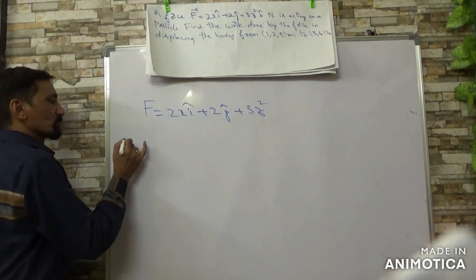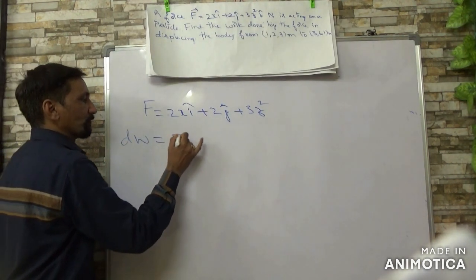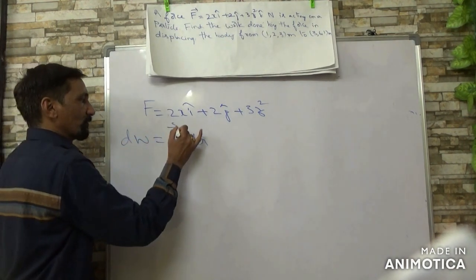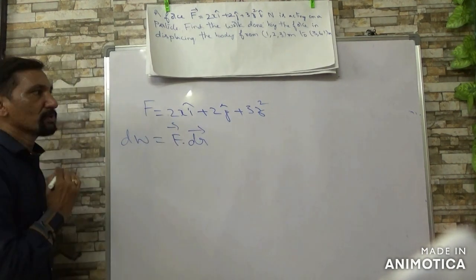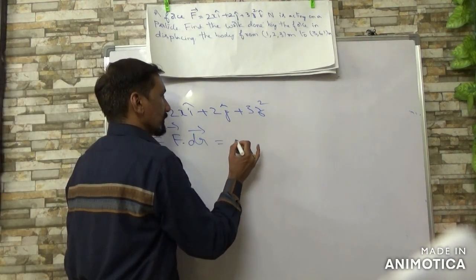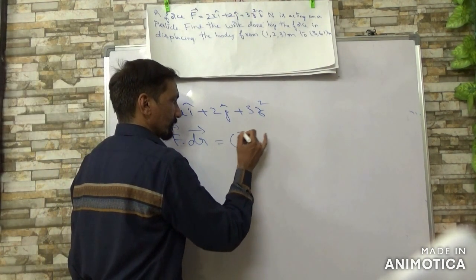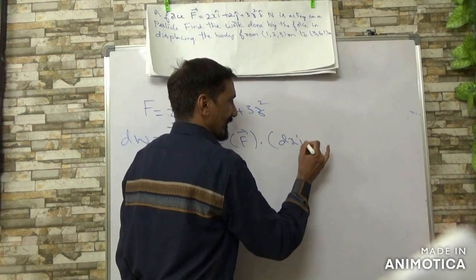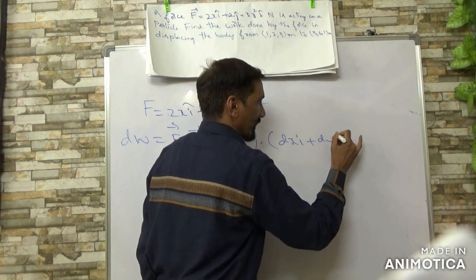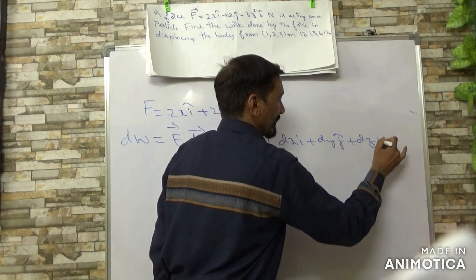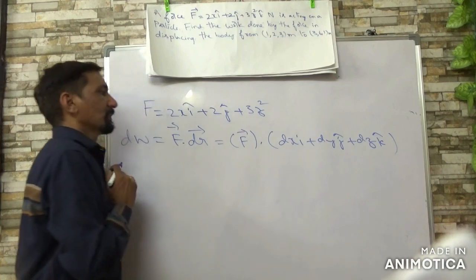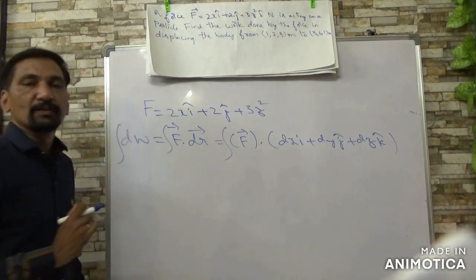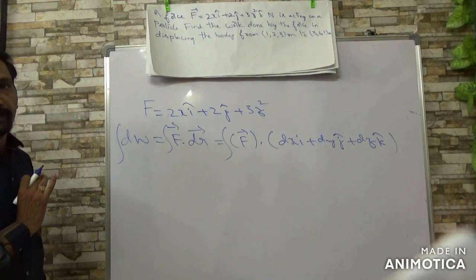So small work done is force into displacement, or you can take work done as F dot dr. So F bar into dr means you can write dx i plus dy j plus dz k. When you integrate on both the sides, you get the total work done.